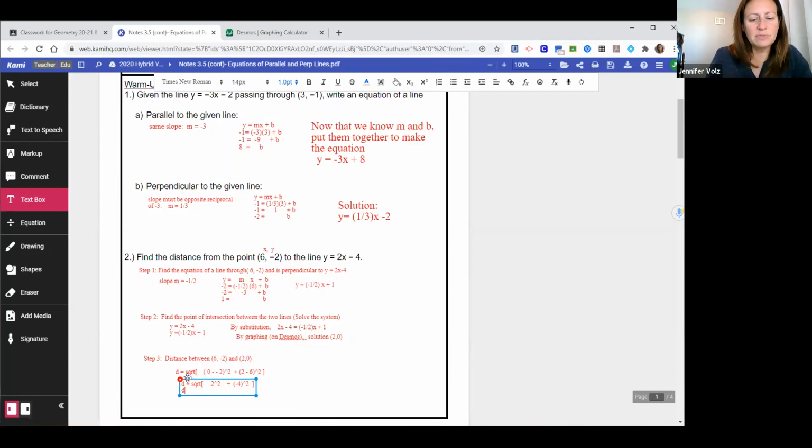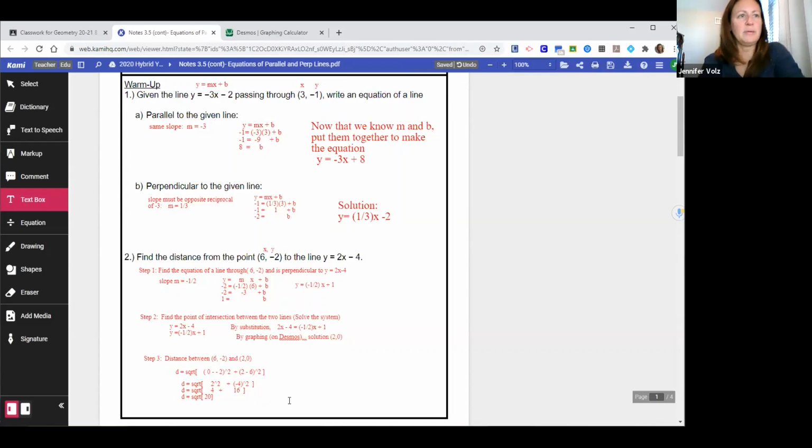So the next line would read square root of 4 plus 16, which is square root of 20. Now I know this looks very odd and foreign the way we're writing out the square root, but basically radical 20 is the answer.